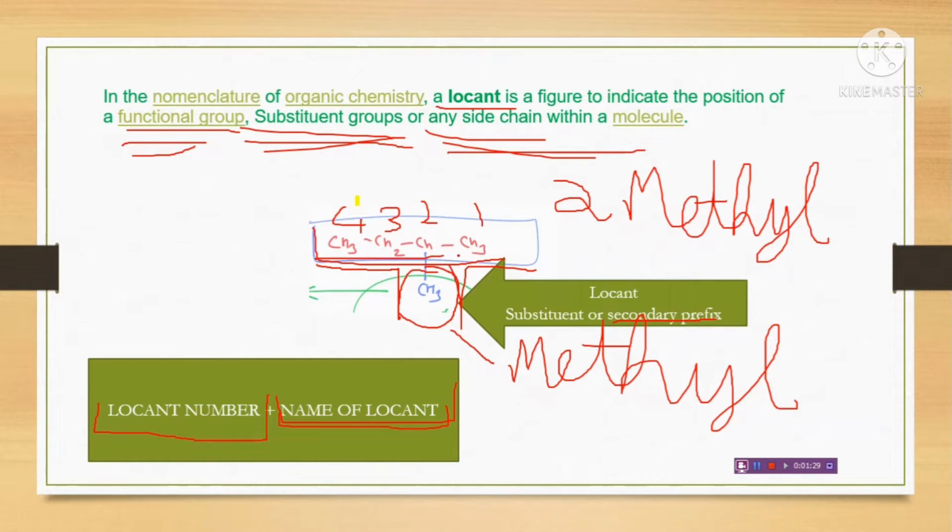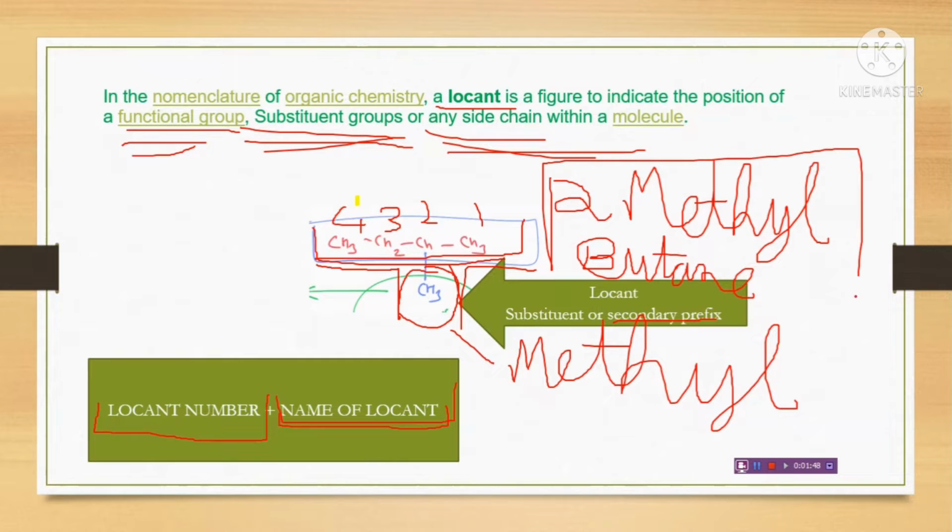Now let us name the chain of this compound normally, by adding the word root and primary suffix. So it is butane. So it is 2-methylbutane, the IUPAC name for this.